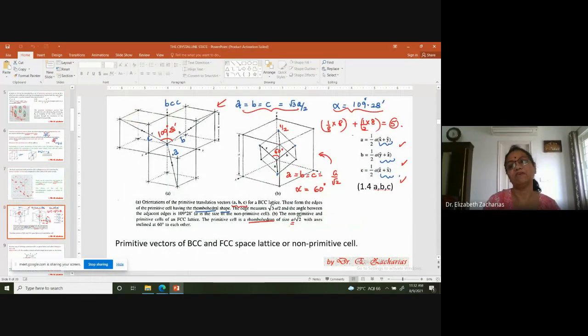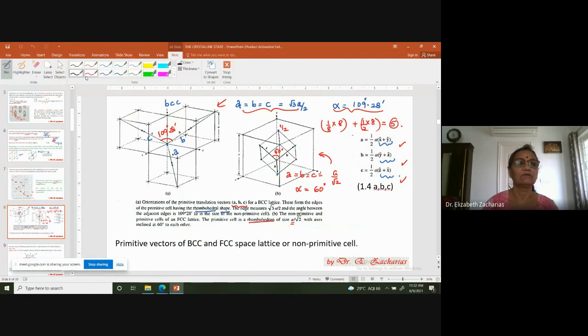FCC. In FCC, the number of lattice points per unit cell is 1 by 8 into 8 plus half into 6. This is a mistake I made. It is half into 6 because there are only 6 faces.